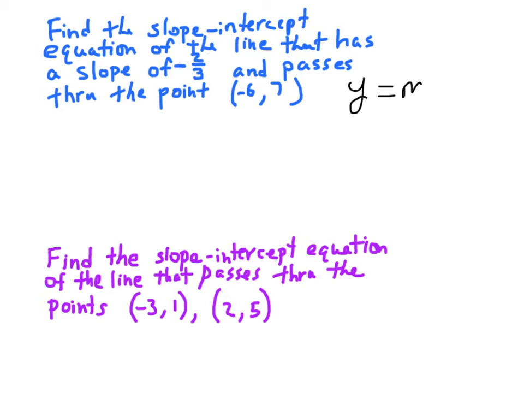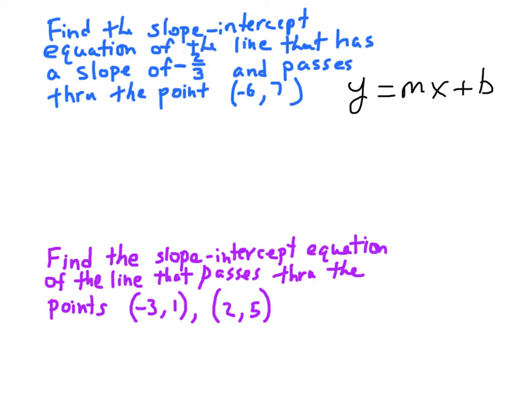Now, a reminder, just as in point-slope, the x and the y stand for all the possible x and y's, all the possible points on the line. So if I'm given a point here, I can substitute the negative 6 in for the x and the 7 for the y.